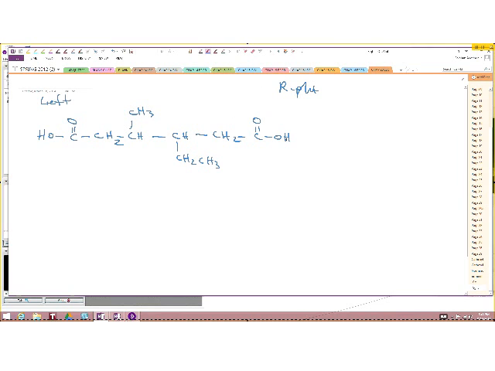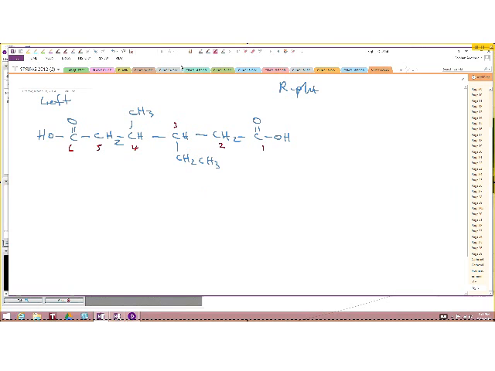Why is that correct? Because of alphabetical order, yes. Because the branch here, the ethyl, comes before methyl. Okay, so therefore, we start numbering from here. So this is 1, 2, 3, 4, 5, and 6.